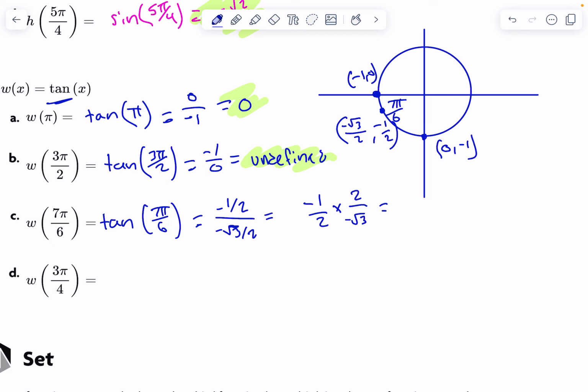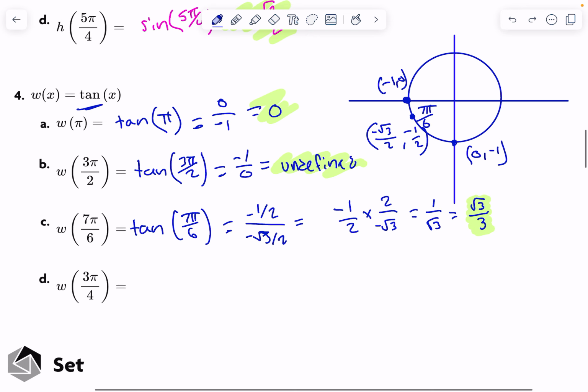So this is just going to be equal to 1 over square root 3, which is equal to what? Square root 3 over 3. Okay, so we should be able to rationalize this square root here.